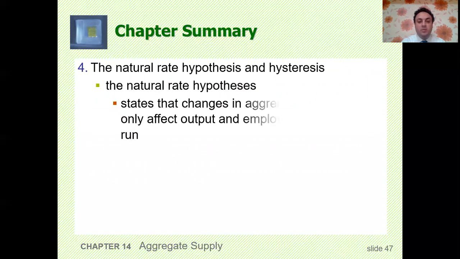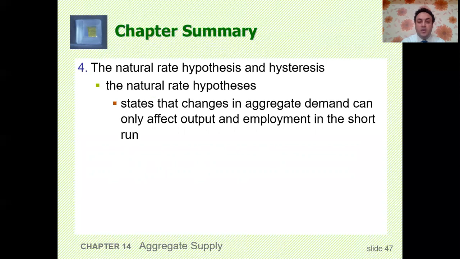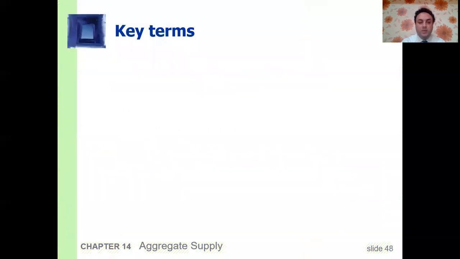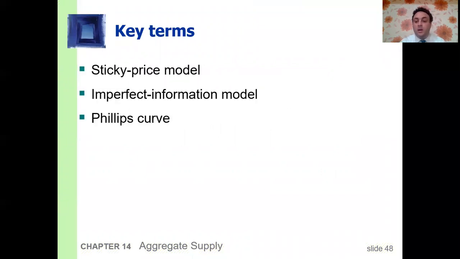The natural rate hypothesis states that changes in aggregate demand can only affect output and employment in the short run. Hysteresis states that aggregate demand can have permanent effects on output and on employment. And these are our key terms for this lesson, this chapter.